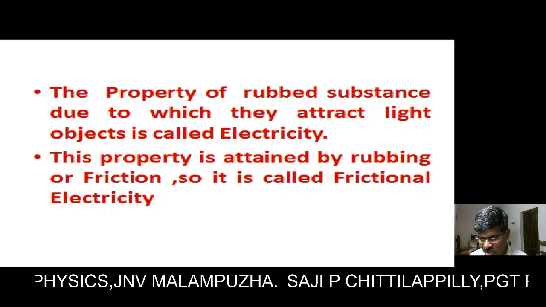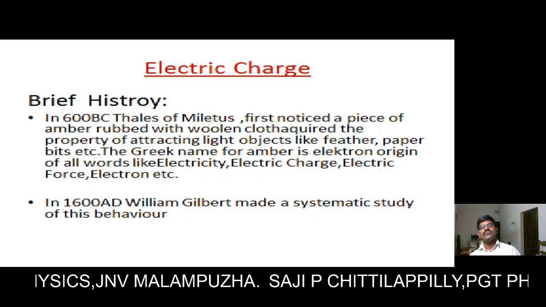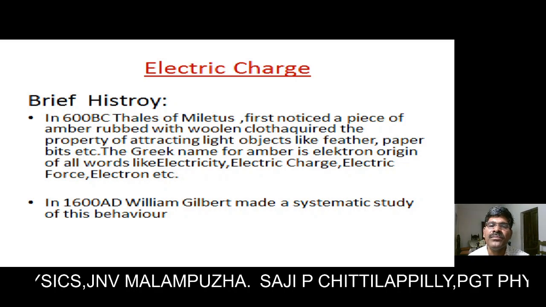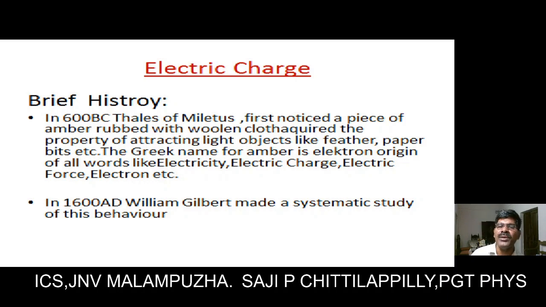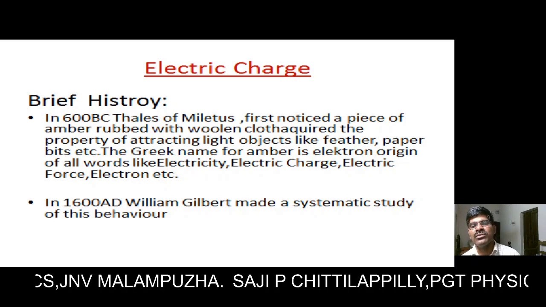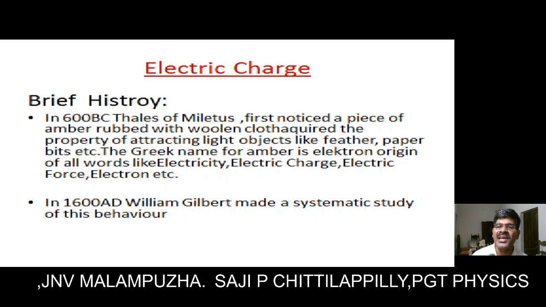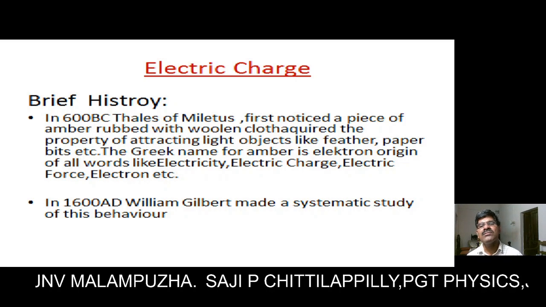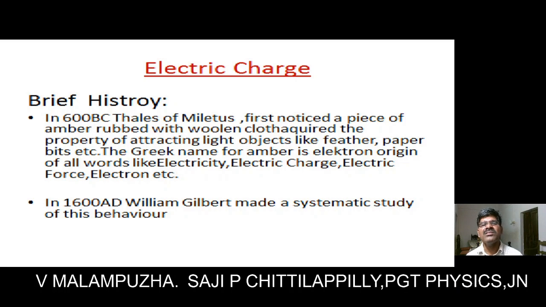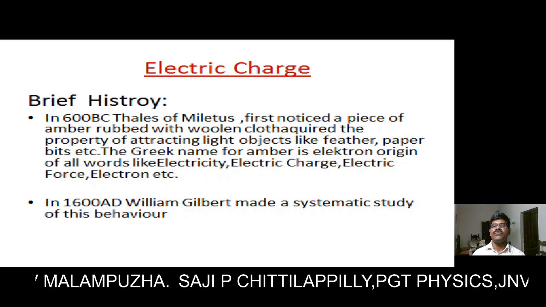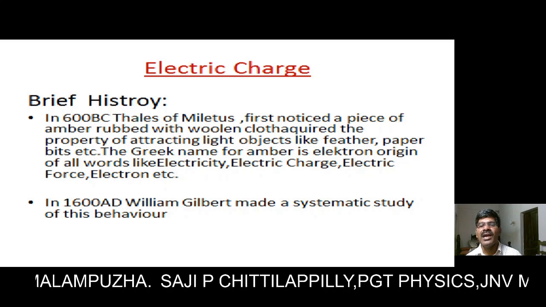Let us learn some history of electric charges. In 600 BC, Thales of Miletus first noticed a piece of amber rubbed with a woollen cloth acquired the property of attracting light objects like feathers, paper bits, pieces of leaves, etc. The Greek name for amber is electron.